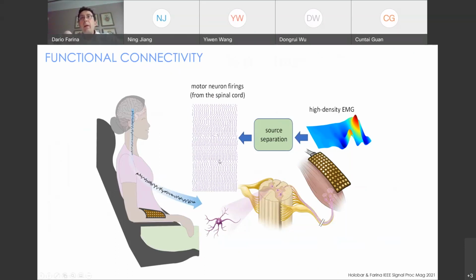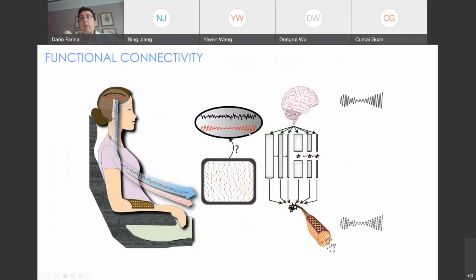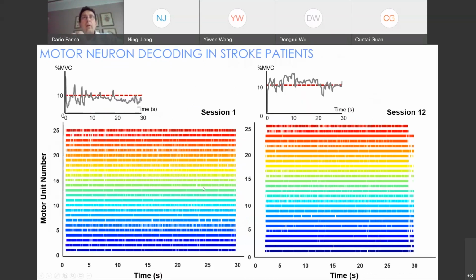Basically, the idea was to infer corticospinal connectivity, so to get an idea of the brain signal going down to the spinal cord by having a decoding of motor neurons. So in this same study, we have a full decoding of spinal motor neuron in session 1 and the last session in the stroke patients.